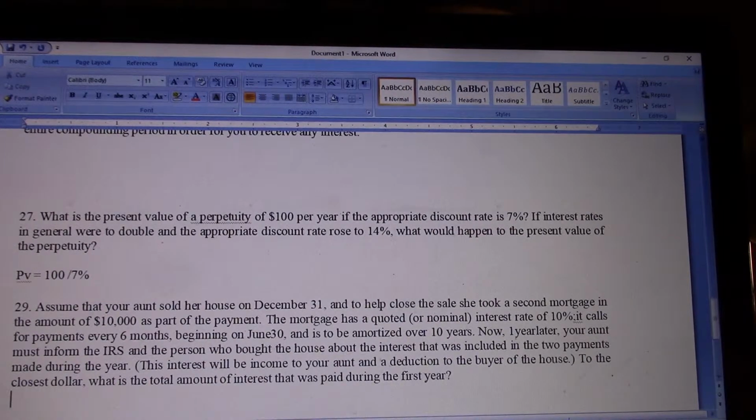It calls for payments every 6 months beginning on June 30th, to be amortized over 10 years. One year later, your aunt must inform the IRS and the person who bought the house about the interest that was included in the 2 payments made during the year. What is the amount of interest that was paid during the first year?